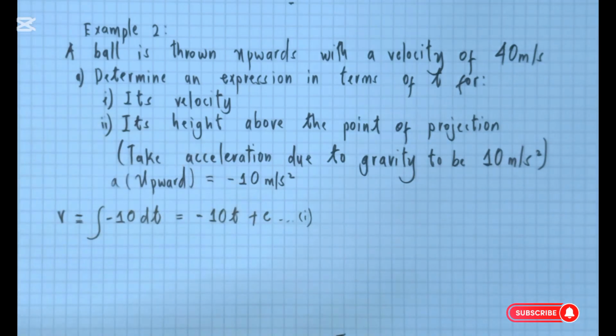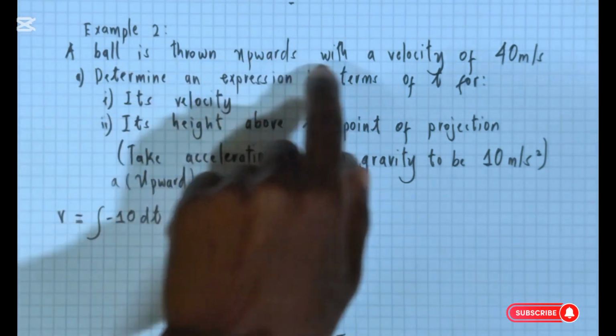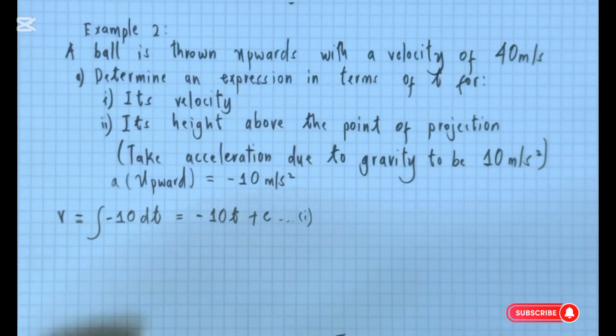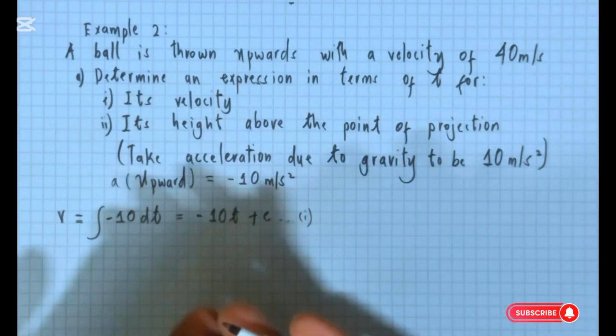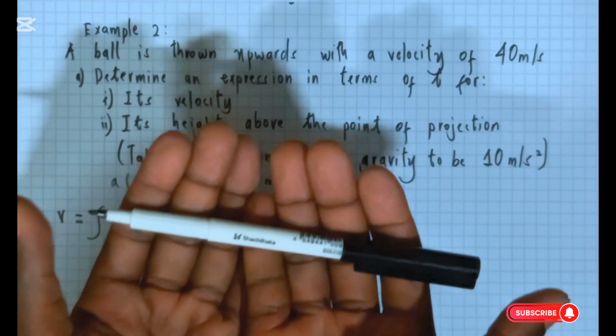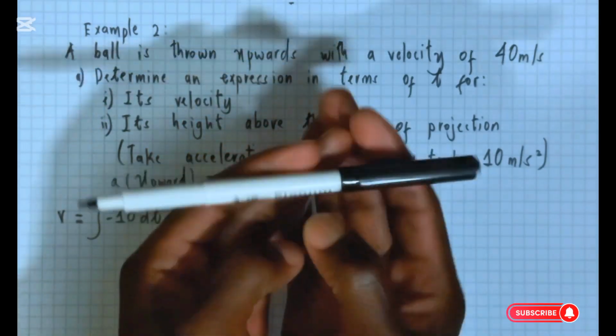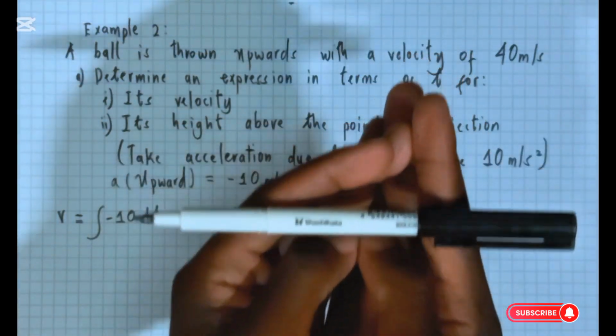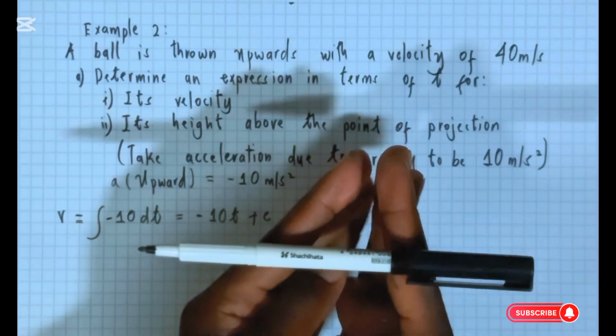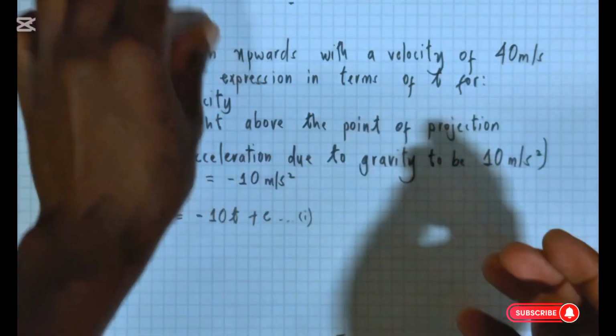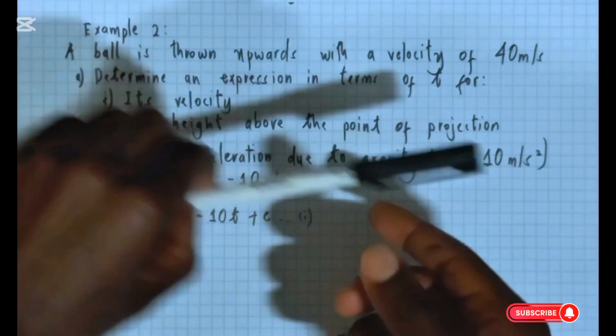We can go ahead and solve this particular problem easily. Why? Because we've been given the value for v when t is 0, before the launch, when the ball is just about to be launched up. The value of t was 0 and the velocity of the ball was actually 40.